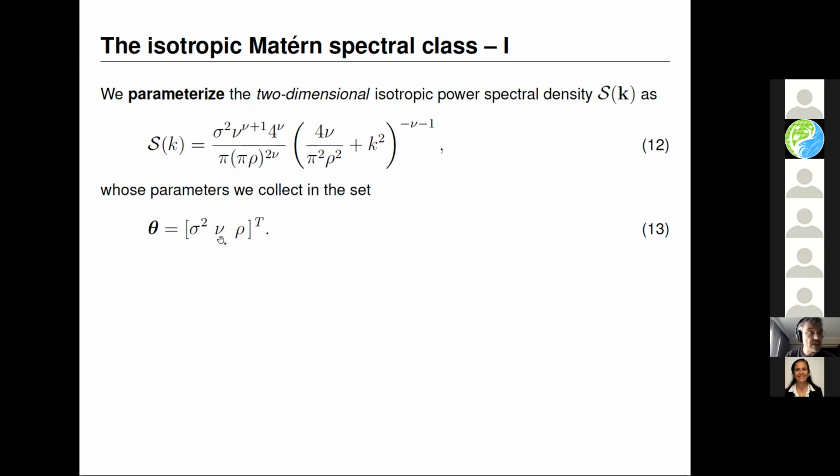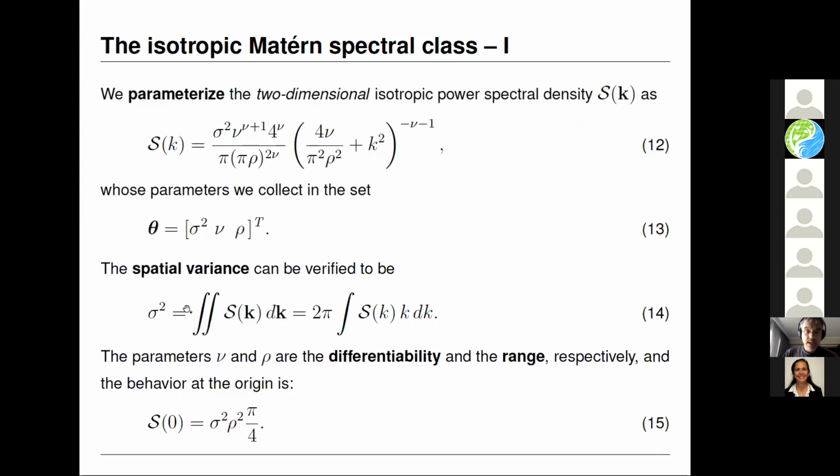Then nu, which is a mean squared differentiability or a roughness, and rho, which is the range. So that's the 3 parameters we want to know for the various places of geological or geophysical real estate that we're trying to characterize. And we want to know the distribution, and we want to know how to get there, and we want to test for when it's appropriate, and so on.